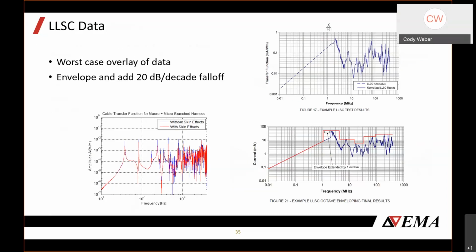And then you can do your enveloping associated with that worst case overlay. It's a very good argument, in my opinion, that you're capturing the reasonably severe environment associated with that particular region. And of course, there's the 20 dB per decade fall off that they attribute with the LLDD and that is commonly used at the lower frequencies.